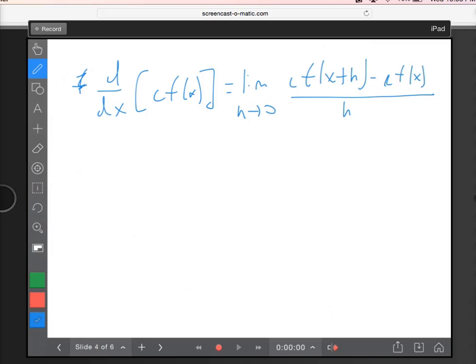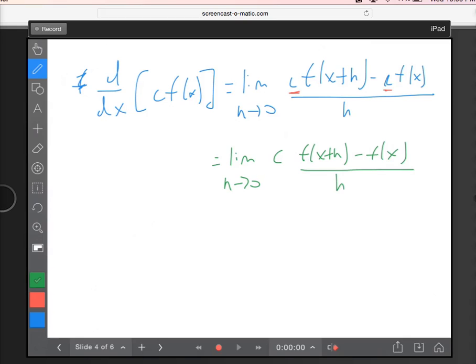In terms of trying to algebraically manipulate this, if you notice in the numerator of this whole fraction, we have a c value here and a c value there. Because of that, we can factor out that particular c value from our numerator. And so we'll have the limit as h approaches 0 of c times f of x plus h minus f of x all over h.